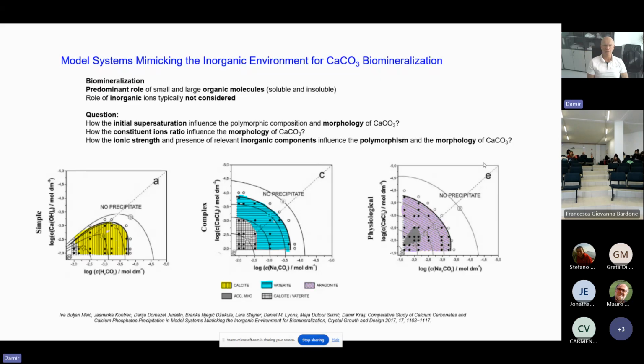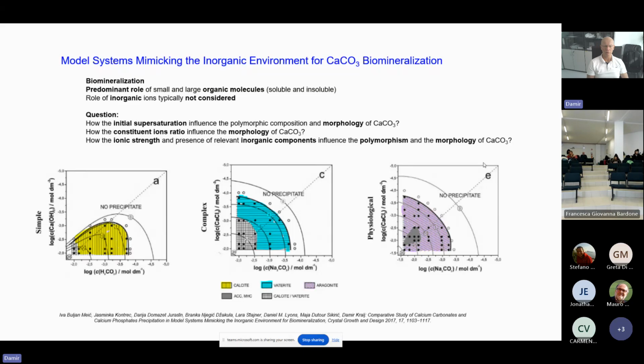Typically, in biomineralization, small and large organic molecules are considered responsible for the properties of the mineral phase. But we try to show that even the composition of inorganic ions should be considered in interpreting the properties of the mineral phase.